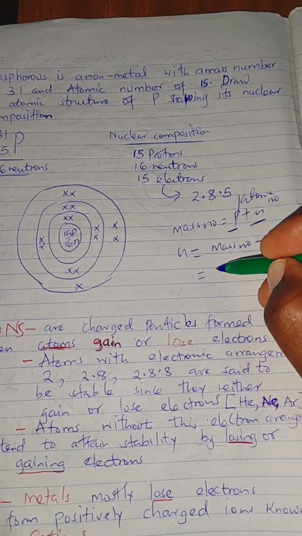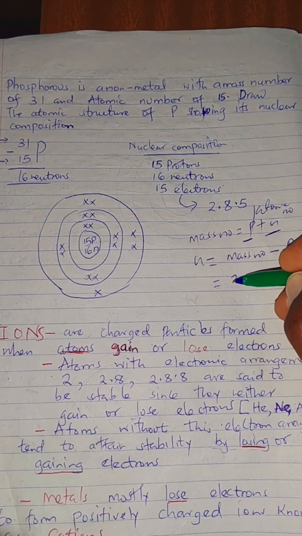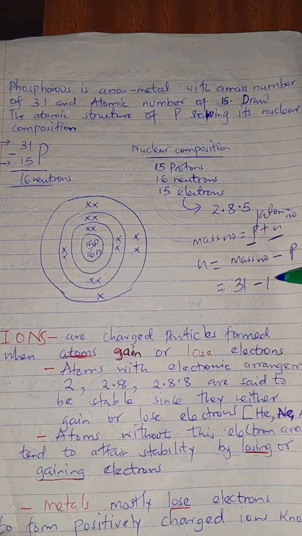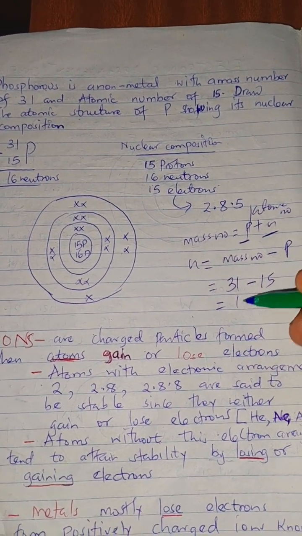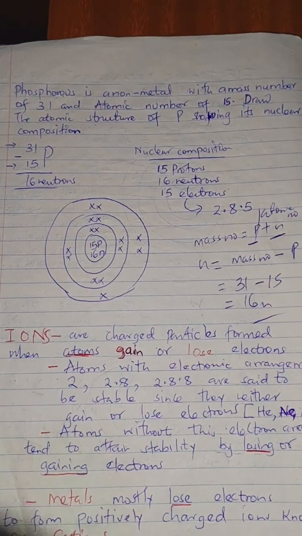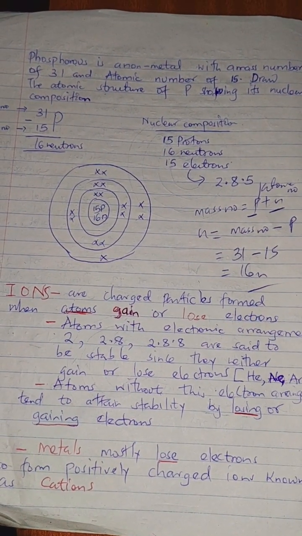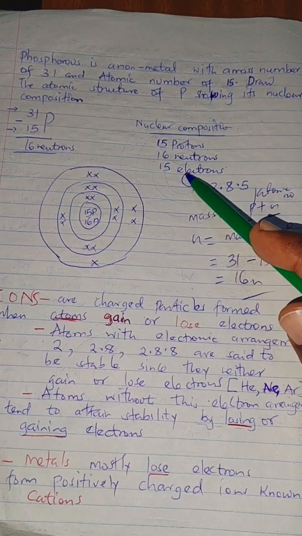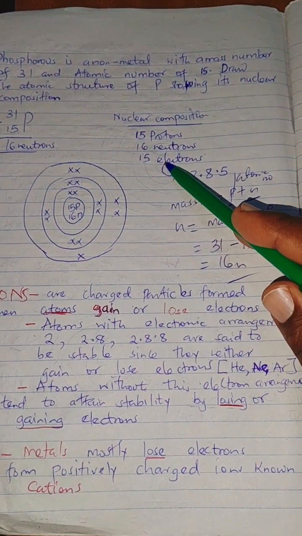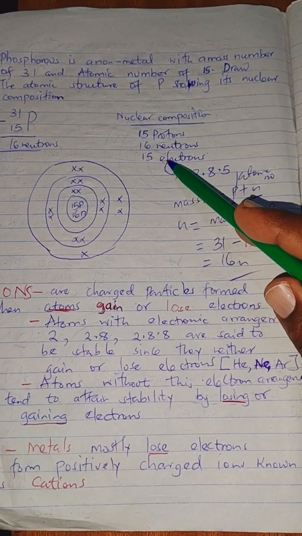So mass number is 31 minus atomic number 15, or protons 15, you get 16 neutrons. That's how we go about it. So the composition is 15 protons, 16 neutrons, and 15 electrons, because for electrically neutral atoms, protons are the same as electrons.